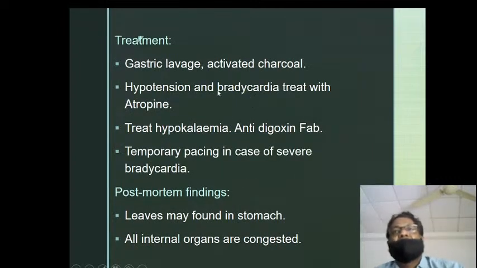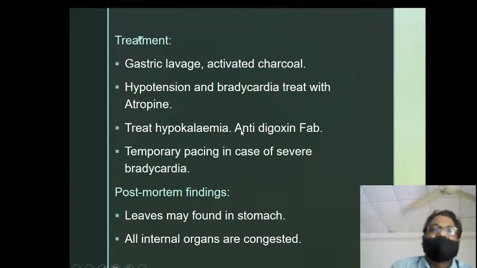Treatment is to give gastric lavage and activated charcoal. This causes hypotension and bradycardia, so you should treat with atropine. We should also treat hypokalemia, and sometimes potassium supplementation is to be given.